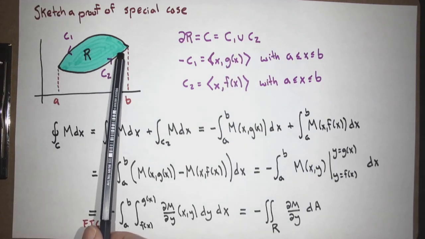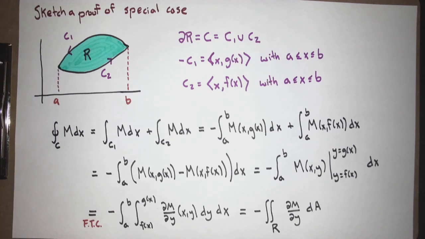You have your f of x downstairs, your g of x upstairs. We have 2 integrals. Let's smush them together into 1 integral, because we're allowed to do that. That's the property of integrals. And now this looks like you did an evaluation: m of x, y evaluated from f of x to g of x?